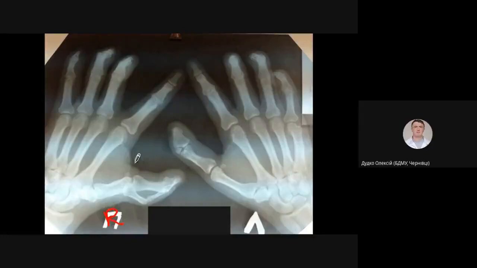If you note, the first finger has a double bone contour, as if an additional finger is present here. So we're talking about a pathology called polydactyly, and the incidence of this pathology is quite rare.